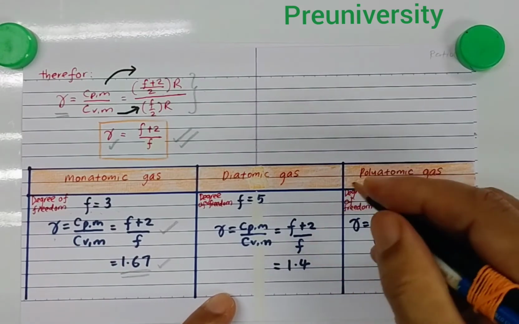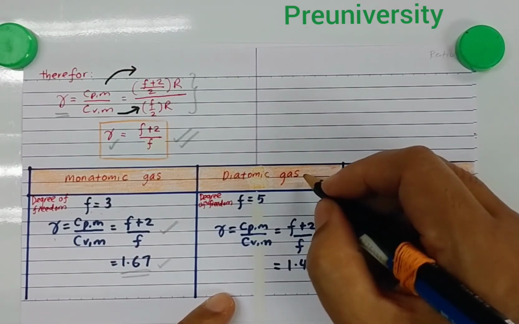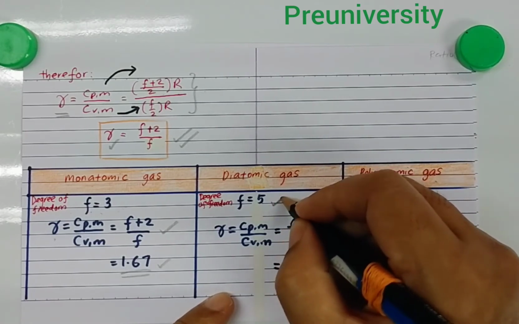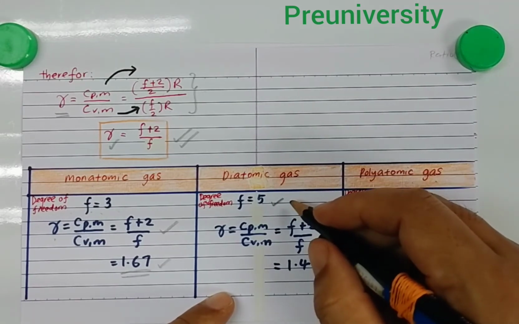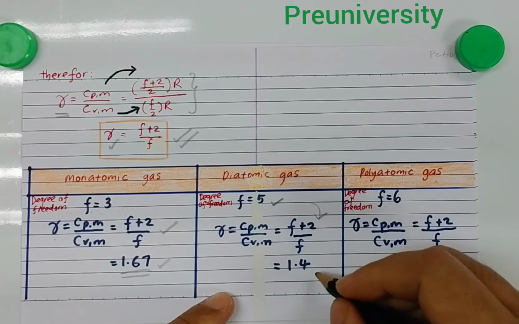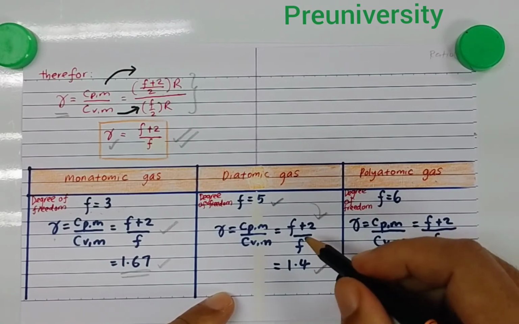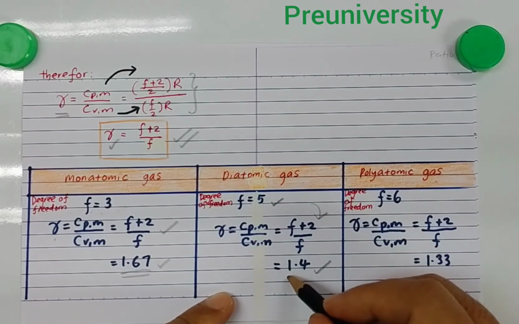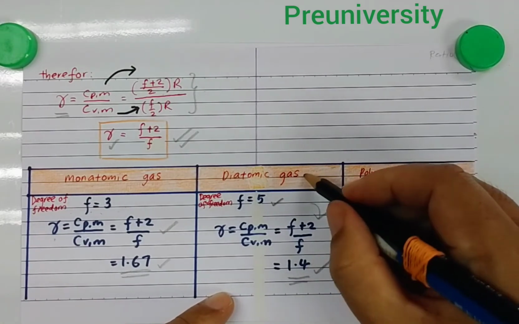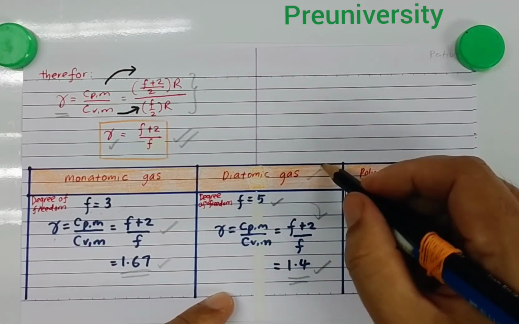Then we go for the diatomic gas. The degree of freedom for the diatomic gas is F equals 5. Then we apply it to this equation and we get the ratio gamma equal to 1.4 for the diatomic gas.